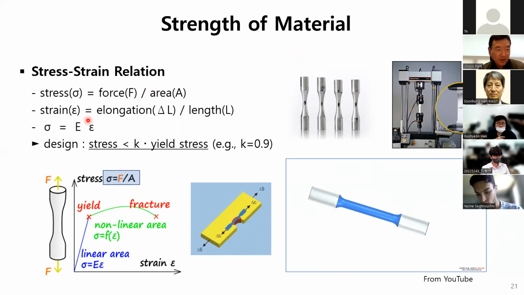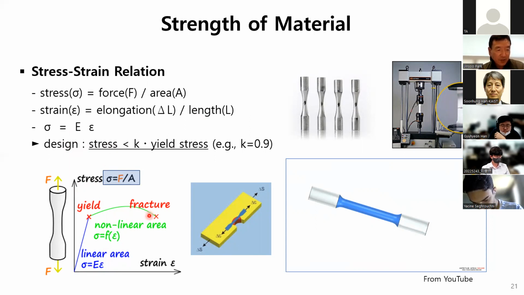Strain is defined as elongation divided by original length. And the relation between stress and strain can be expressed linearly or non-linearly using the constant of Young's modulus E, or sigma equals E times epsilon.